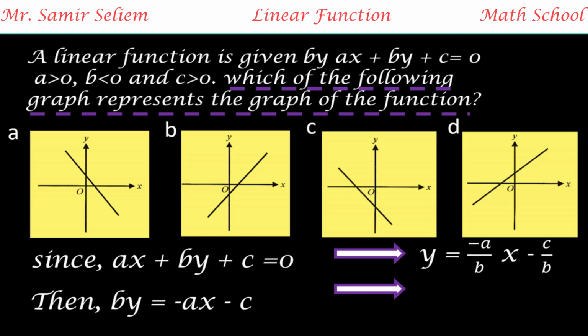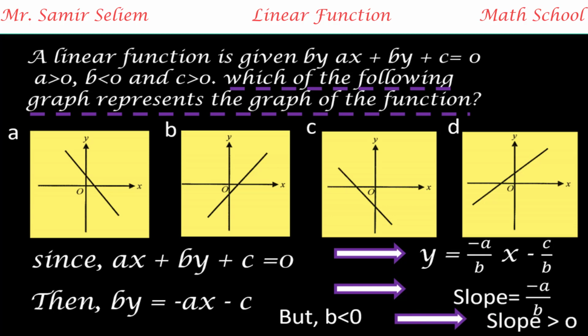The slope is the coefficient of x, which is negative a over b. But b is less than 0, so b is negative, so the slope is positive. The slope is greater than 0.